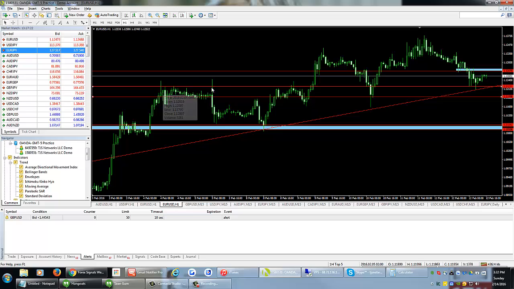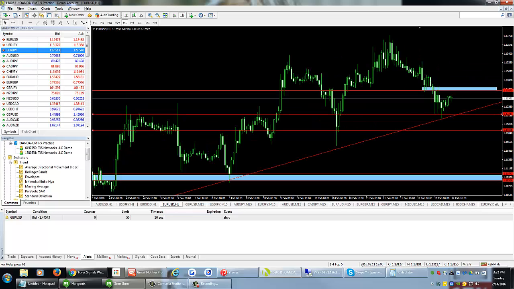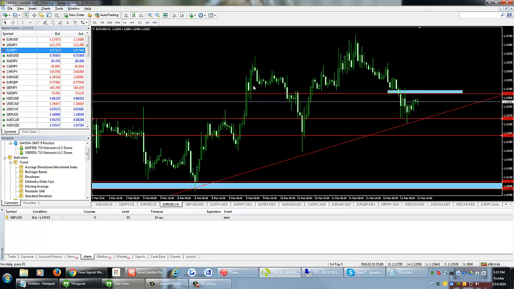It's been acting as a resistance, and then it did blow through and then it came back. But look, when it retouched again, it respected that line 3 times. So the line has revalidated itself. So when you add the trend line into it, now you have a confluence of 2 factors.